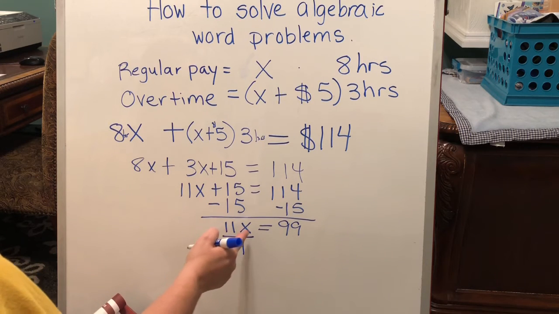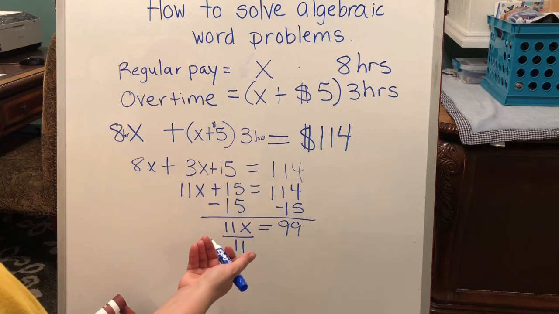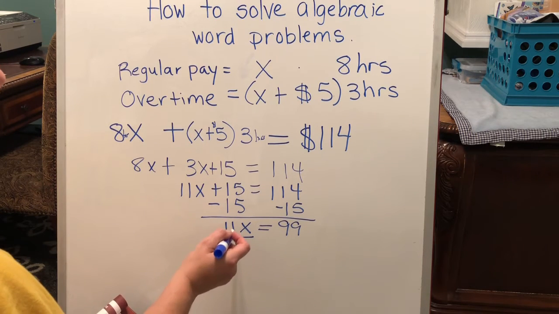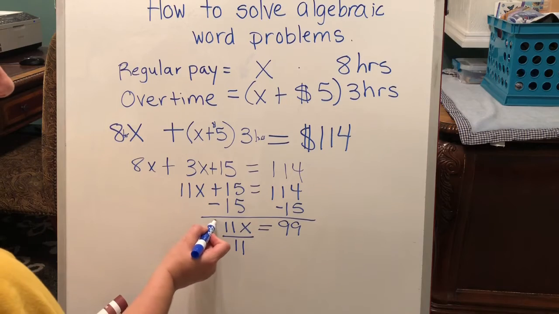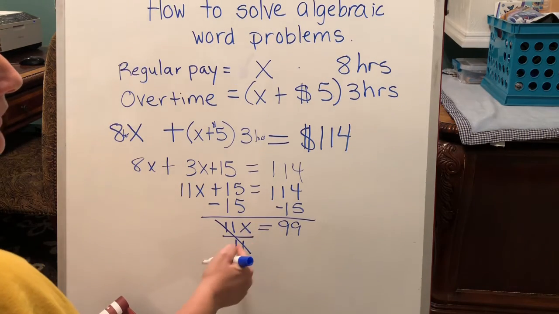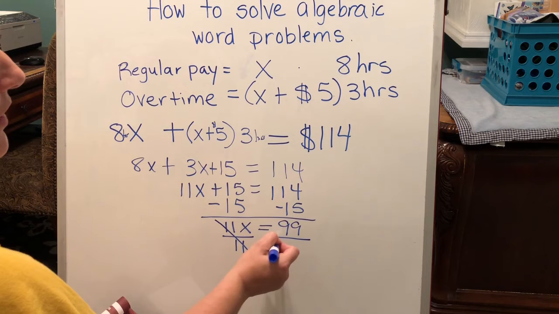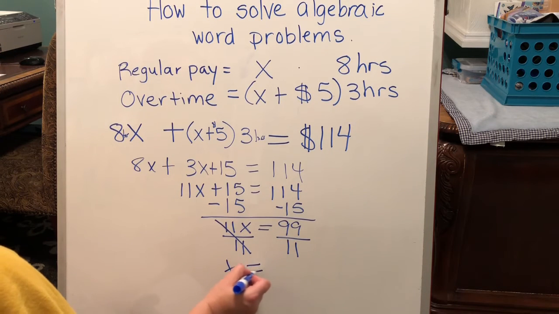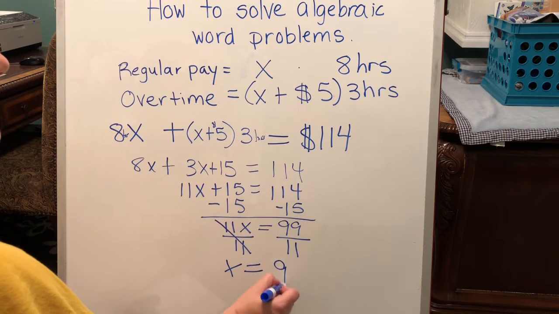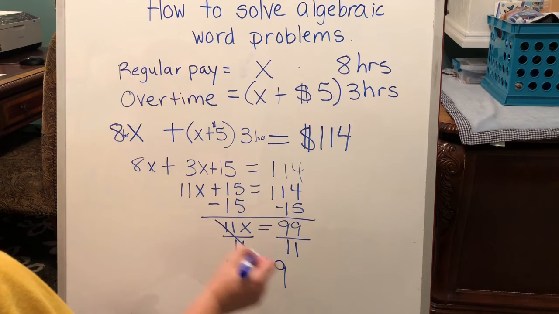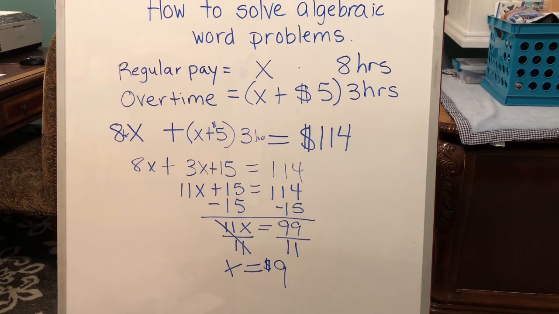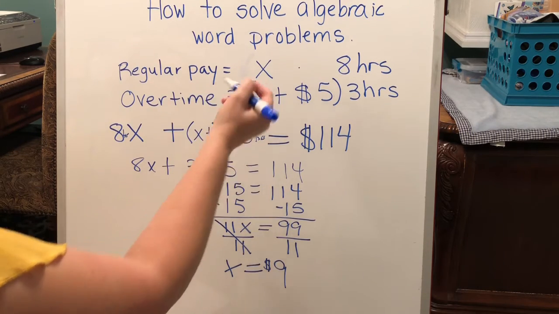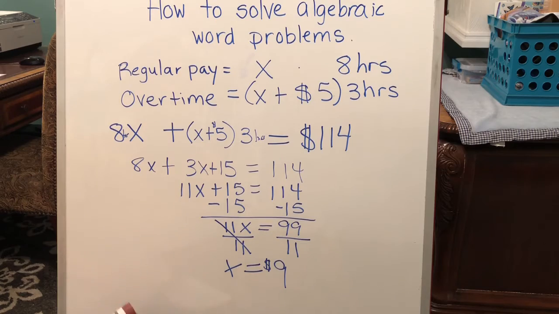We want to get rid of a multiply, so we use the opposite operation. 11 divided by 11 is 1, and anything times 1 is itself, so that cancels out. And whatever we do to one side, we have to do to the other, divided by 11. And our x is equal to $9.